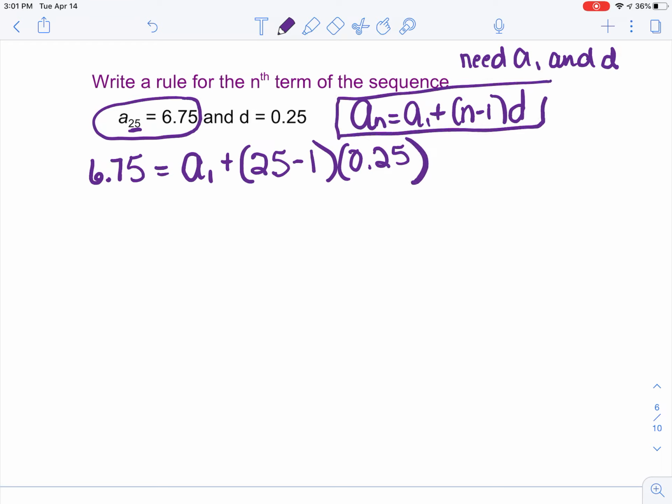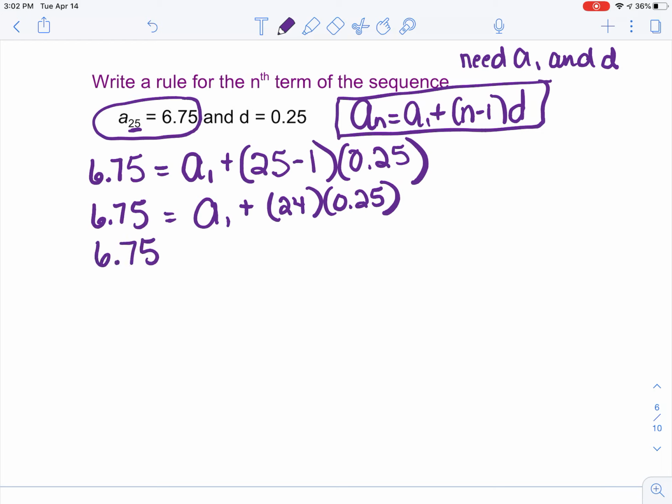I'm just putting this into my normal formula. So 6.75 equals a sub 1 plus 24 times 0.25.